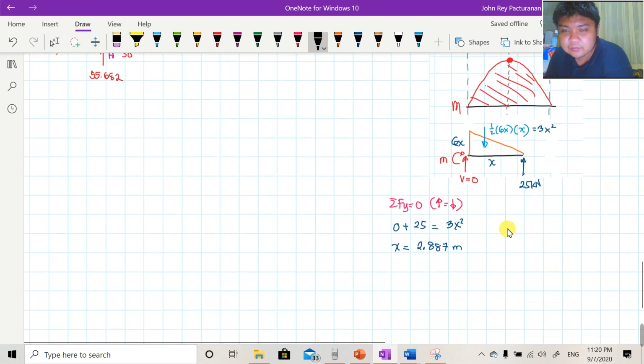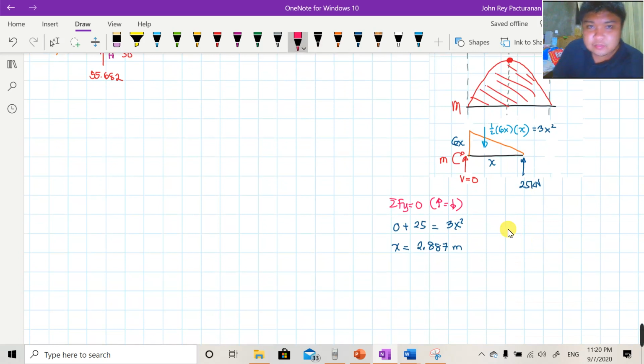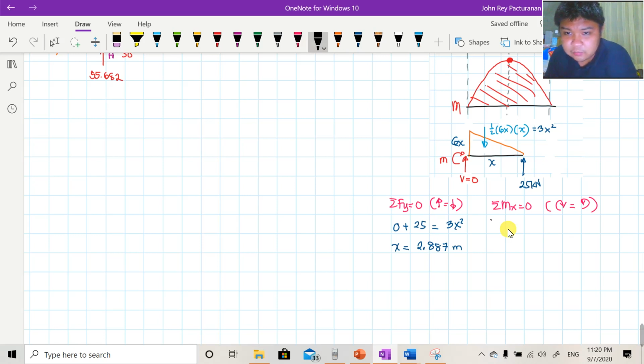Okay, so next tayo, para mahanap mo na lang yung moment. So therefore, summation moment at x equals 0. So clockwise moment equals counterclockwise moment. So ang gawin mo na lang dito, class, ang clockwise moment natin is yung moment mismo. So the counterclock plus 25 times x, then that is equal to 3x squared tapos 1/3 ng x, diba?